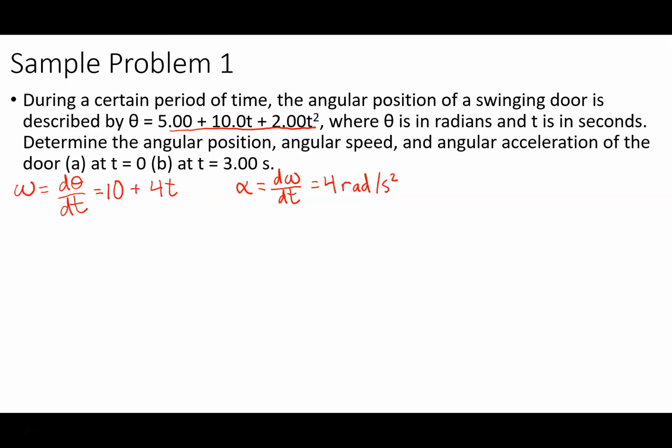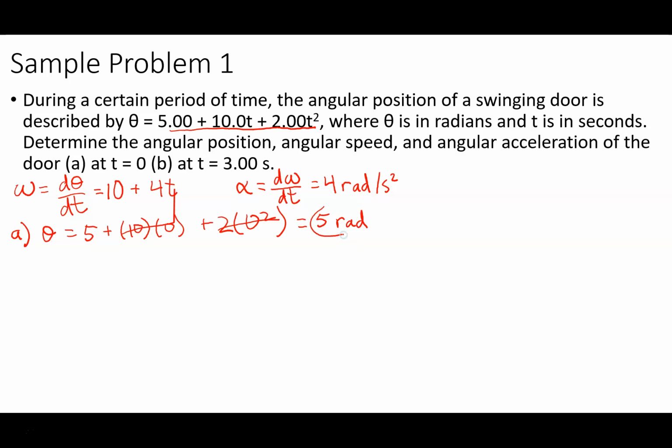Okay, so for part A, we want to find theta, omega, and alpha at 0 seconds. So we're going to do theta equals 5 plus 10 times 0 plus 2 times 0 squared. Those terms will just go away because they're 0. So theta at 0 seconds is just going to equal 5 radians.